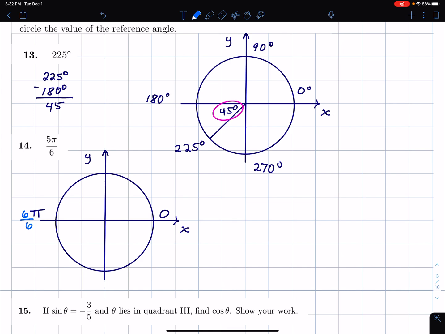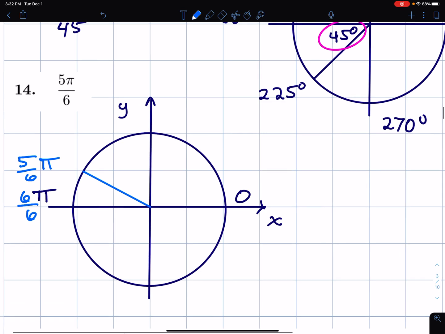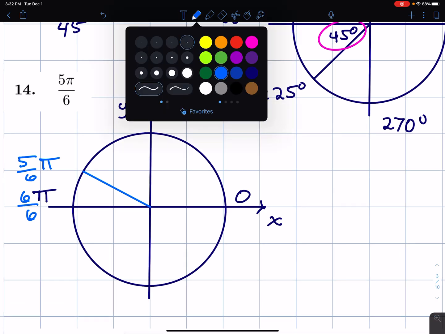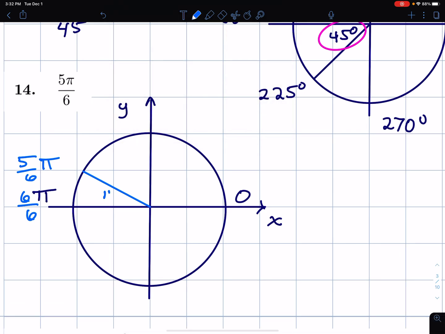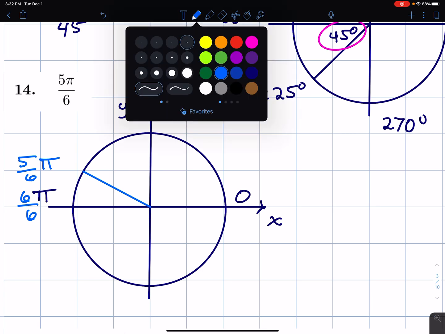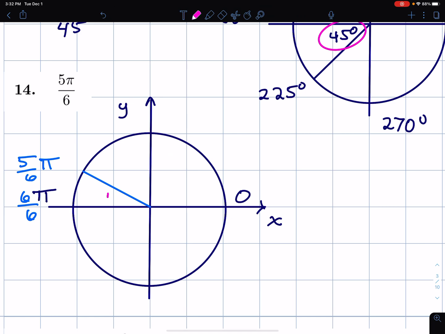So pi is 6/6 pi. The difference between 5/6 and 6/6: 5/6 plus pi over 6 makes 6/6, which is pi. So I have this guy here, which I'm showing is 5/6 pi. And the reference angle, again, is the angle that we make with the x-axis.